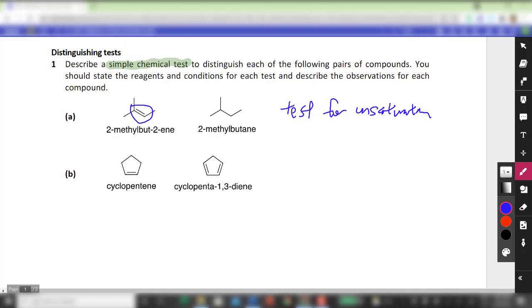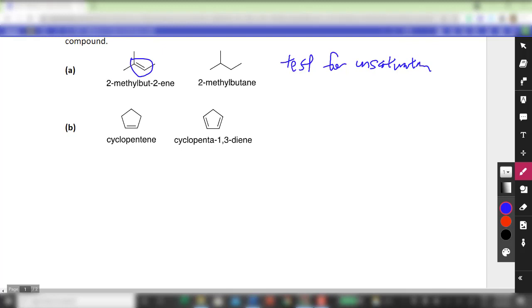Okay, and then moving on to the next part. Some of you might ask, is there more than one answer? Of course there is more than one answer. Any test for unsaturation works here. If you are happy with adding potassium permanganate acidified with H2SO4, that works as well.